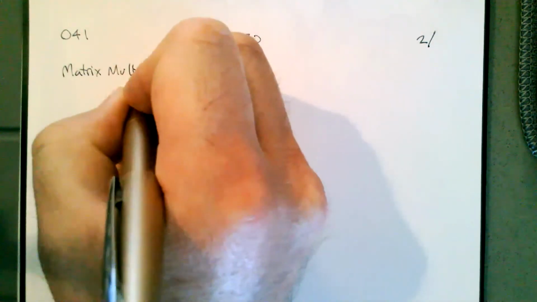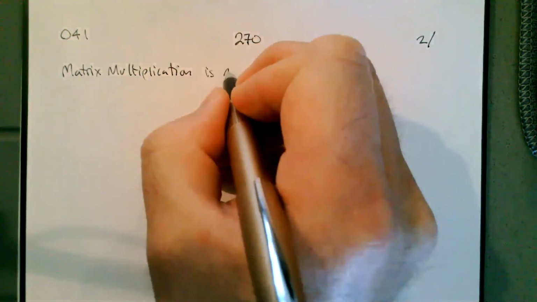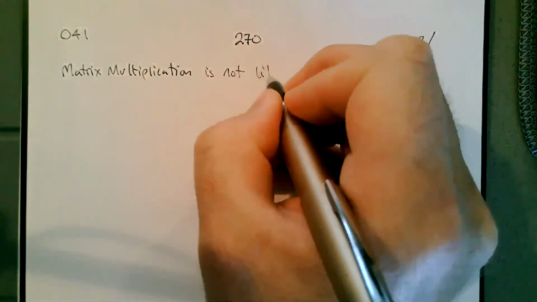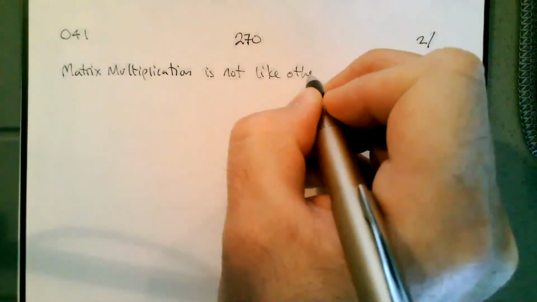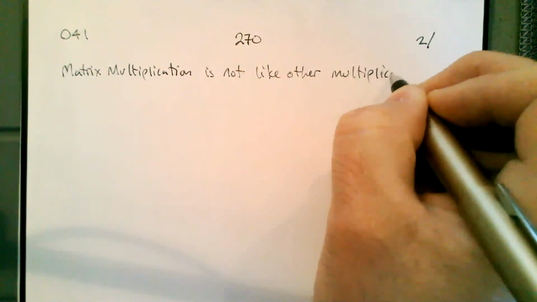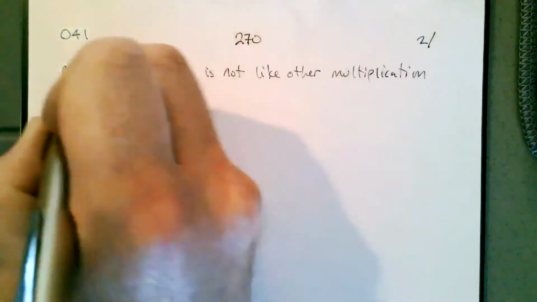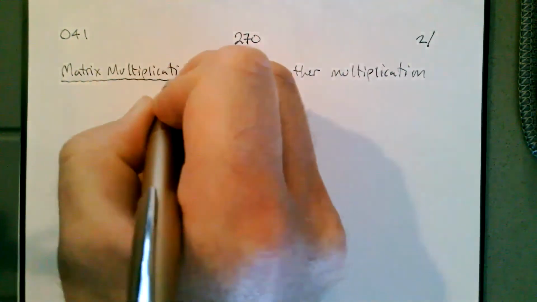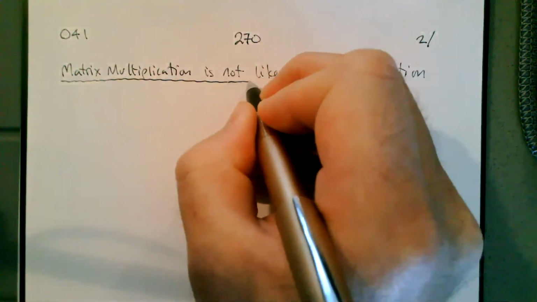Matrix multiplication is not like other multiplication. This is one of the weirder things that we experience when we get through linear algebra.